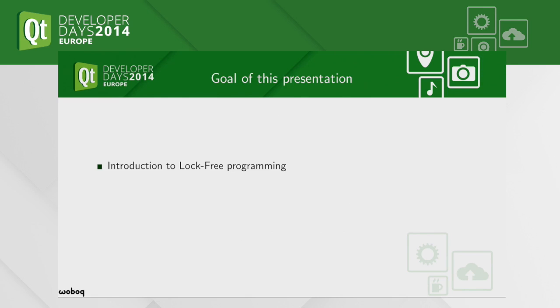So the goal of this presentation is to introduce you to lock-free programming and to the Atomic API. It's really an introduction, so after this talk, you would not be expected to be doing real lock-free programming.